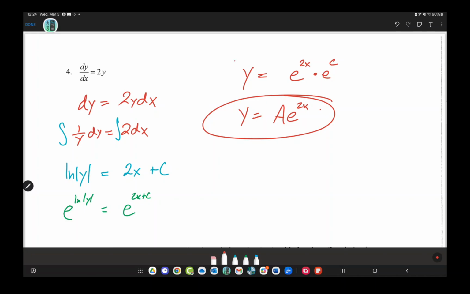So technically you should have the absolute value here, but here's the note: once you have e to the c as a constant, you can drop the absolute value.